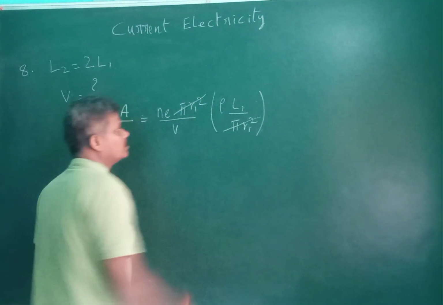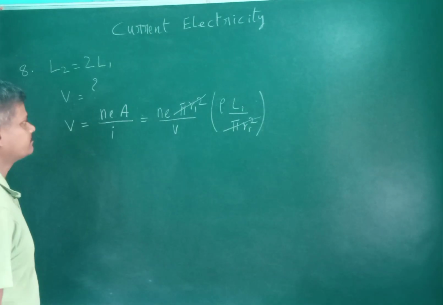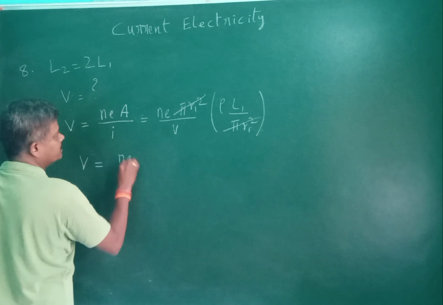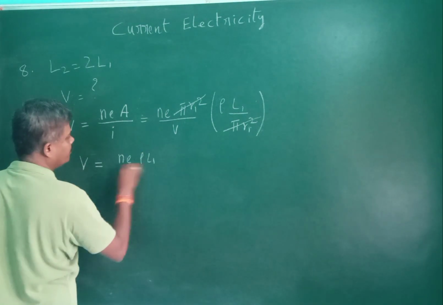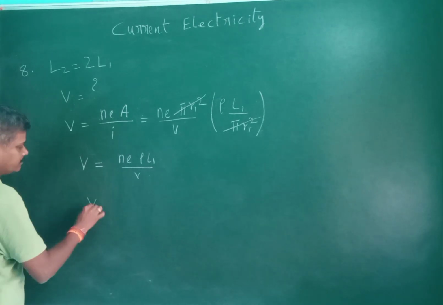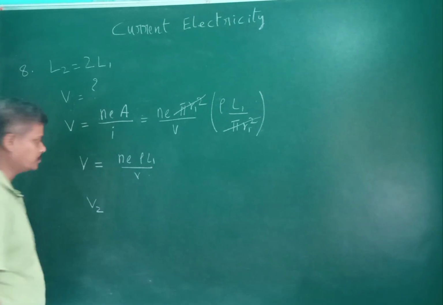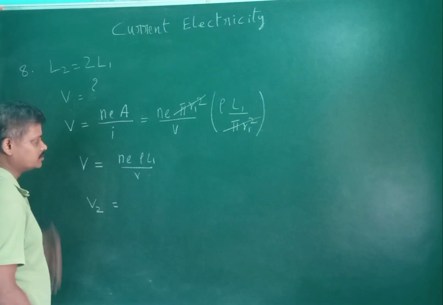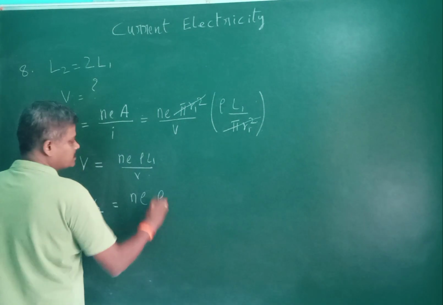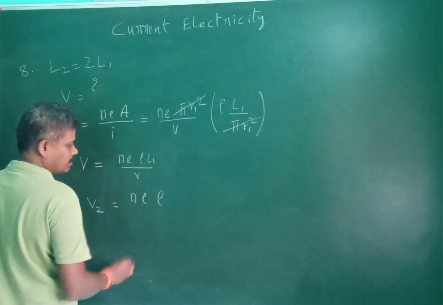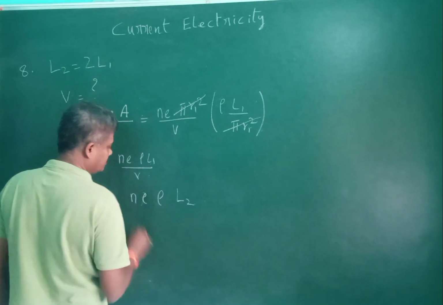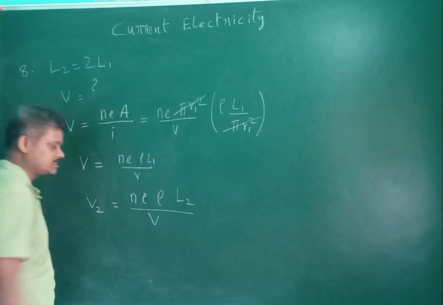This is rho L1. For the first case, we can write V1 is equal to NE rho L1 by V. In the next case, when length is doubled, let the drift speed be V2, given similar to this case: N is a constant, E is a constant, specific resistance or resistivity is also constant, except the length, divided by the potential difference, which is also constant.